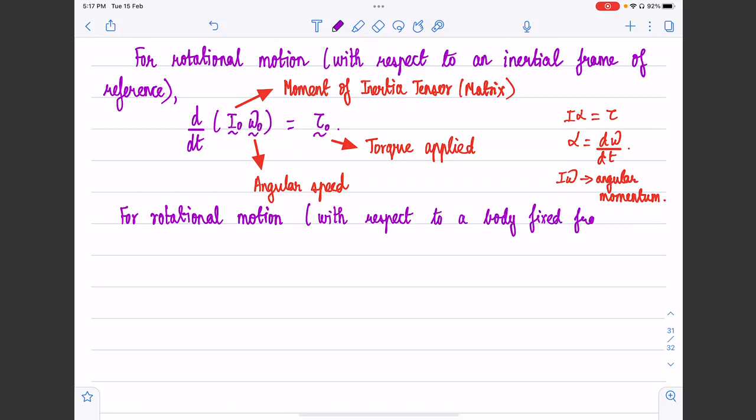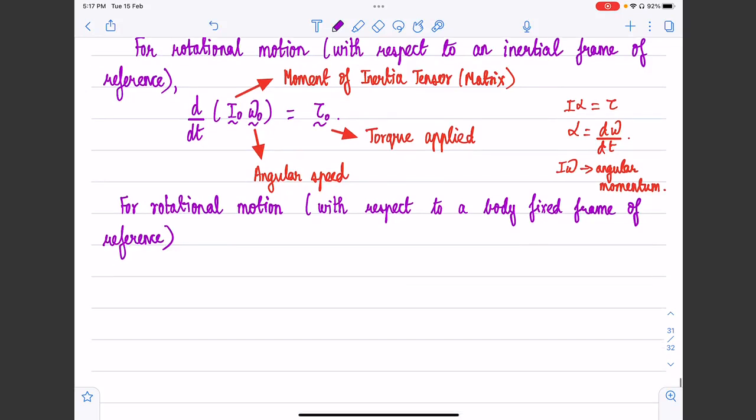what happens to the same equation? Let me write down how this equation changes. We get the moment of inertia times omega dot, so omega dot is alpha.